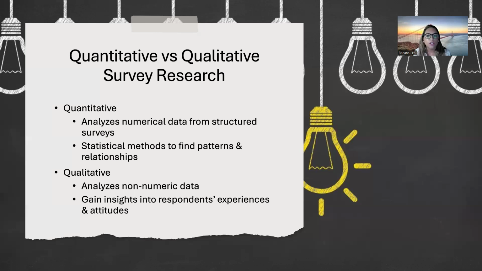It uses statistical methods to find patterns and relationships. The aim is to quantify data and generalize results to larger populations. For instance, you might use descriptive statistics to summarize data or inferential statistics to test hypotheses. My colleague, Dr. Gill, will discuss later in this presentation the tools used to run these statistical tests.